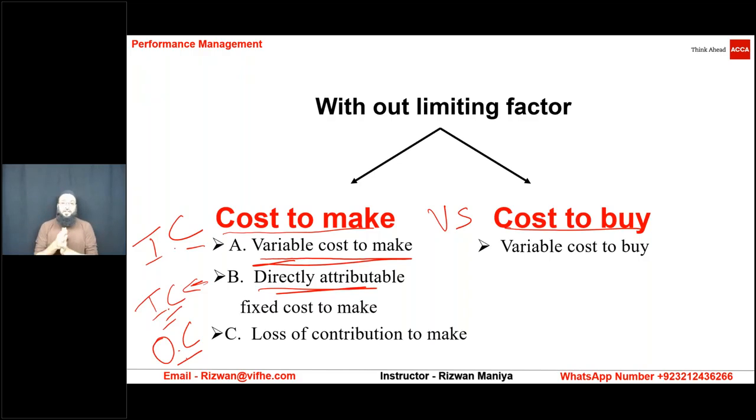So yeah, rule of 6, you can see here, 3 points will be helpful for you in the paper. In make or buy without limiting factor, variable cost to make, directly attributable fixed cost to make, and loss of contribution to make. This will be compared with variable cost to buy, and variable cost to buy is simply incremental cost.